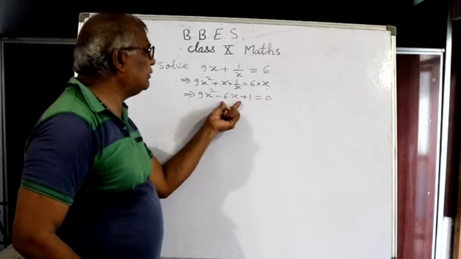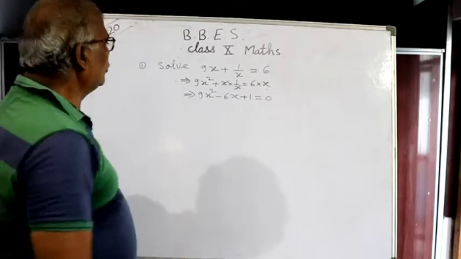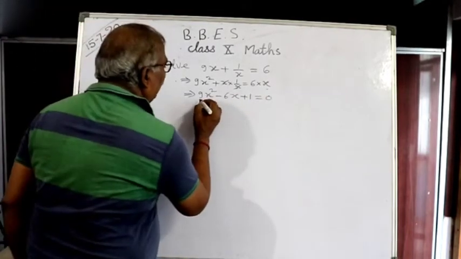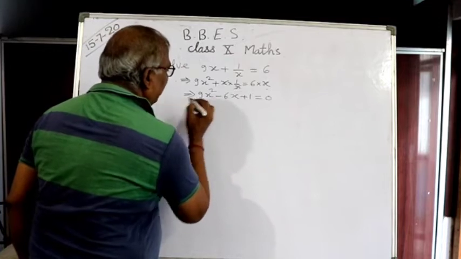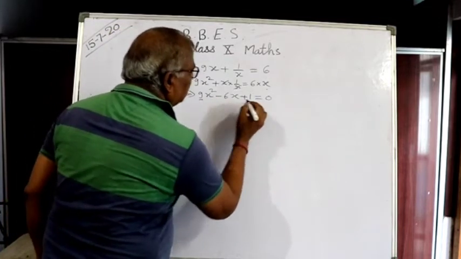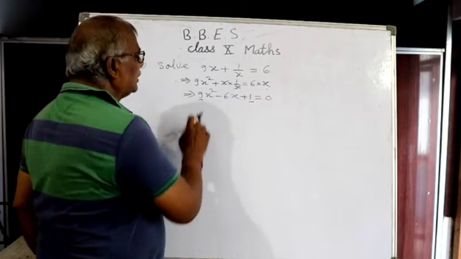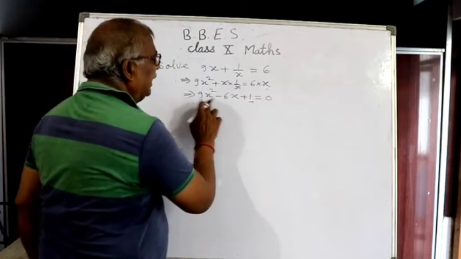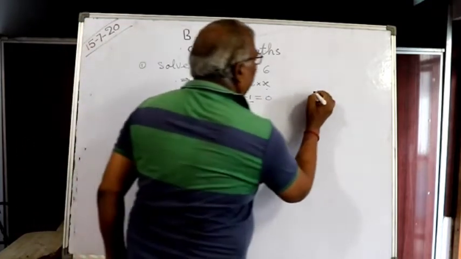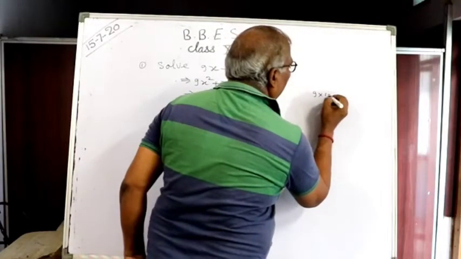Here the middle term is minus 6x. What is the coefficient of x square? It is 9. And what is the constant term? 1. First we will multiply a into c. 9 into 1 is equal to 9.